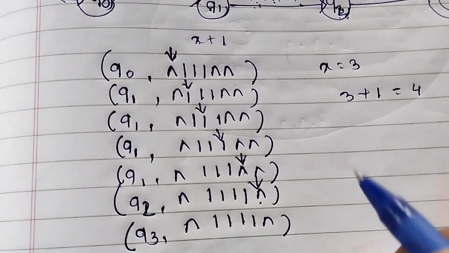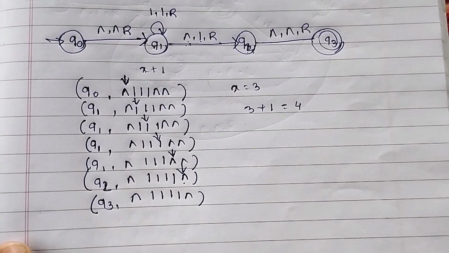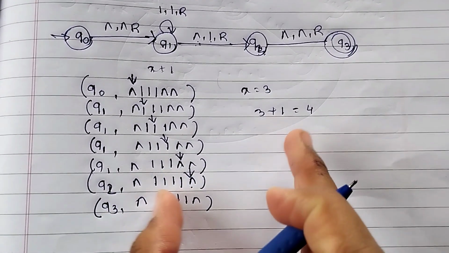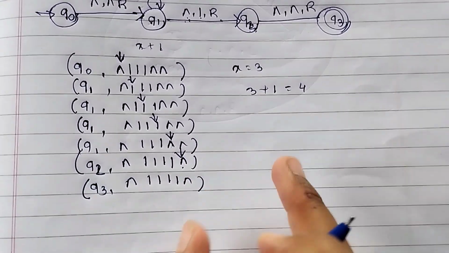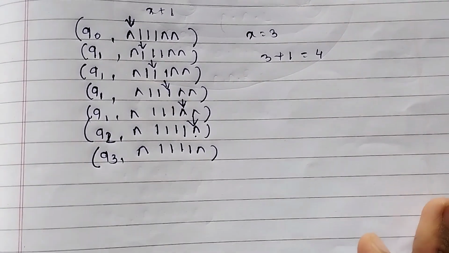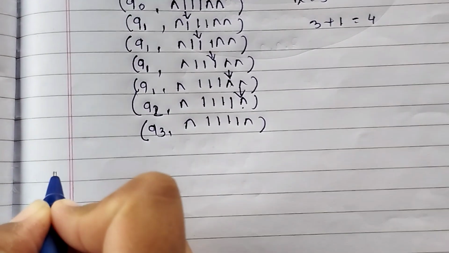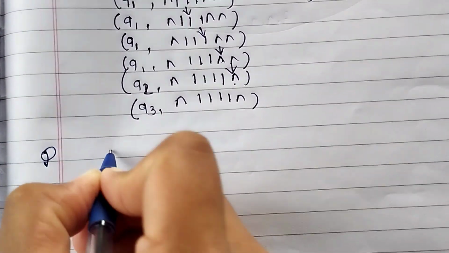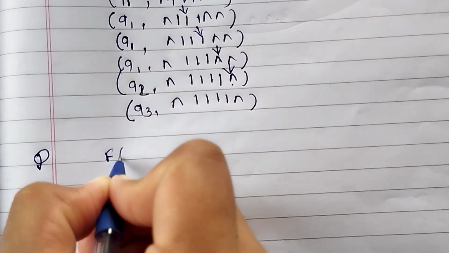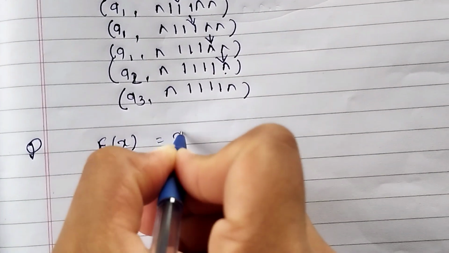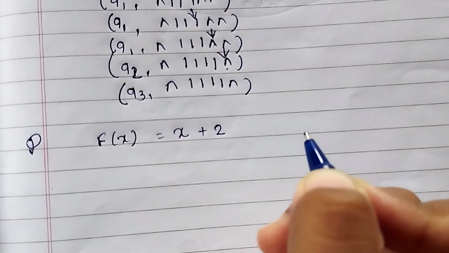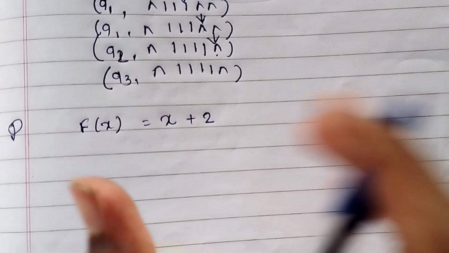So in this way we prove this function. Now, how we draw the x+1 function, the same way we draw it for x+2 also. So let's suppose the question is like: draw the Turing machine for the function x+2. Then the same logic we apply.